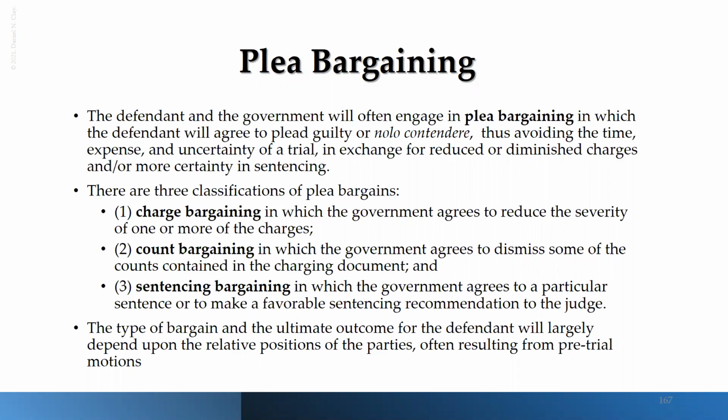So let's say we pop a small-time drug dealer. We're going to charge that drug dealer with possession with intent to distribute drugs.